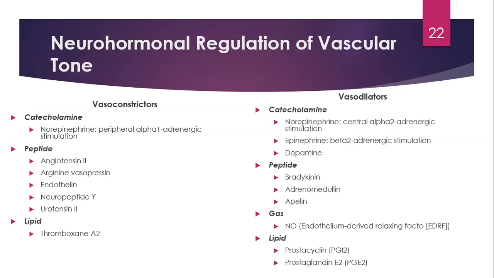Now, I've put these substances here because they're very important, and these are potential areas for MCQ. These are all substances that act on the peripheral circulation. So we have the vasoconstrictors and the vasodilators that interplay to produce the effects we see in heart failure. In the peripheral circulation in heart failure, the vasoconstrictors predominate, and they overwhelm the vasodilators.